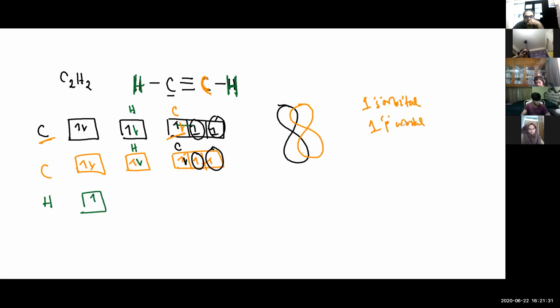So in total, how many orbitals do they have? 2. So half is s character and half is p character. 50% s character and 50% p character.